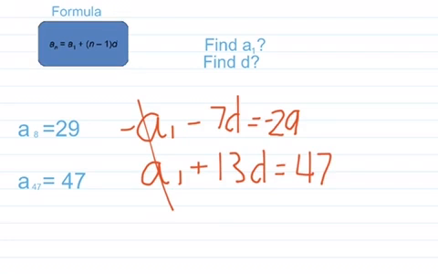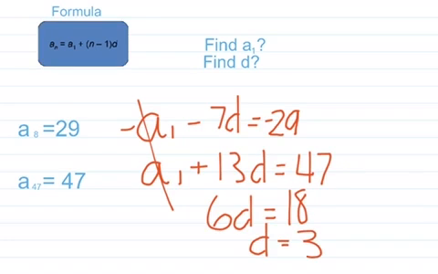That eliminates and this becomes 60 equals 18. And you find the difference of 3.